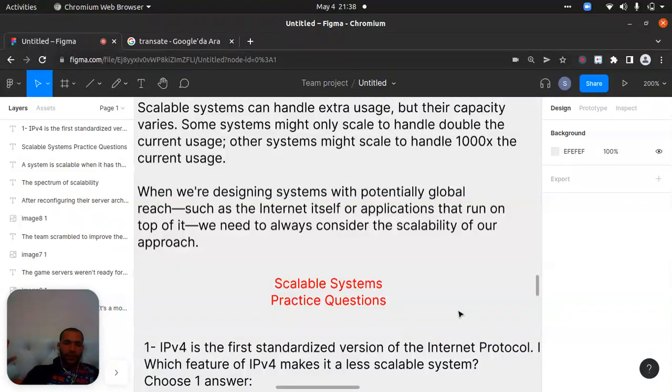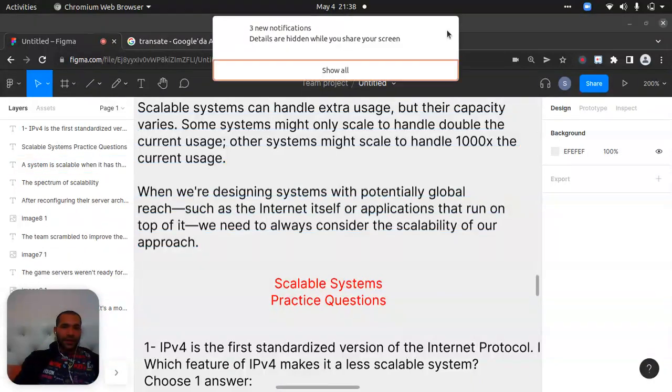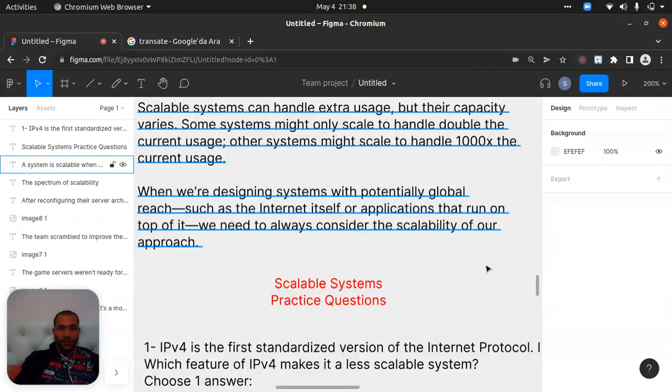We need to create a platform with scalability for all users, because if we don't configure it beforehand, the system will collapse, and everyone will be frustrated.